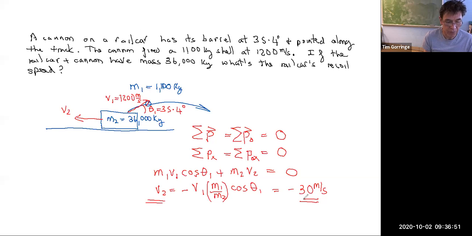Similar examples to this are, as I mentioned, the firing of a bullet from a gun, the motion of a squid by directing water in the opposite direction, the motion of a rocket by directing fuel in the opposite direction. All of those are the same type, very similar problems.